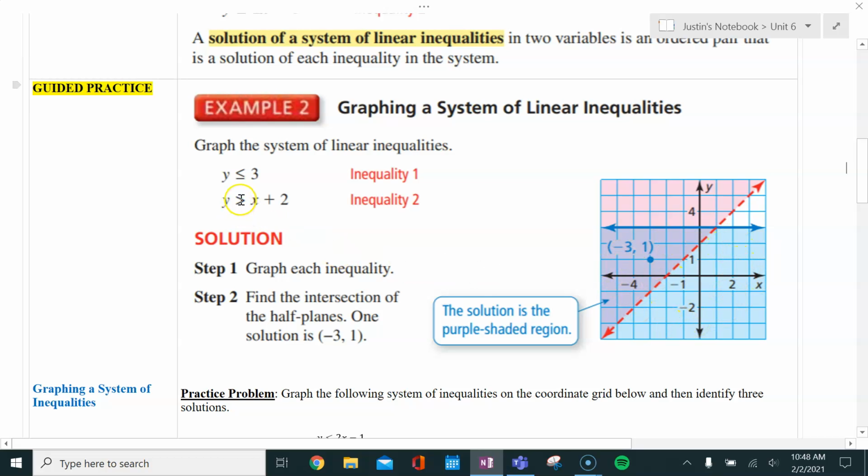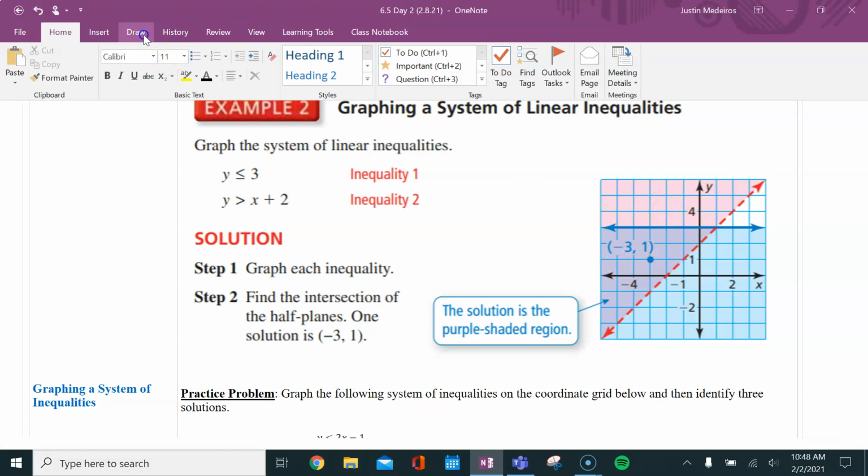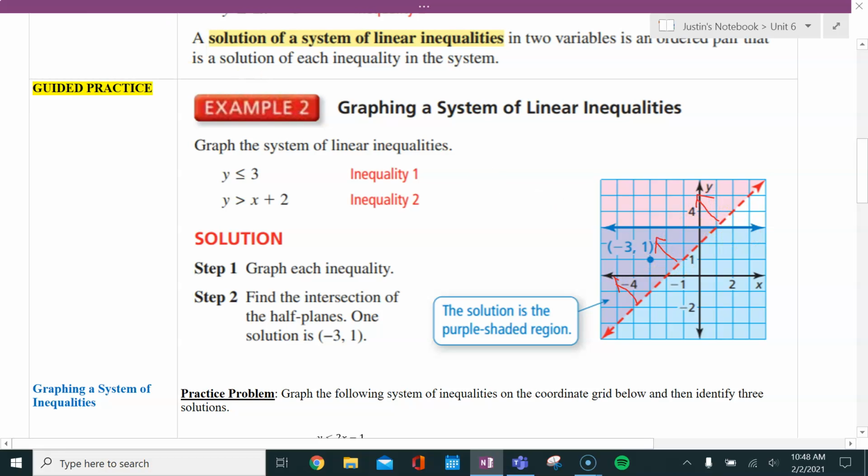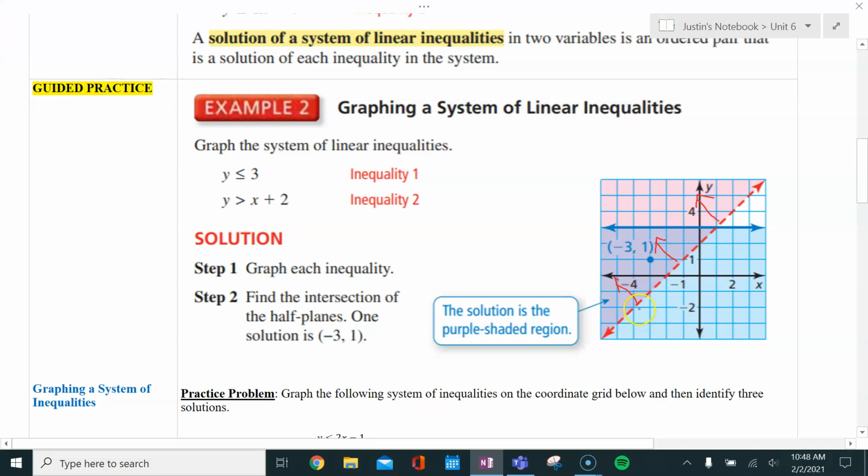And then our second inequality is greater than, which means we're going to shade everywhere above that red dotted line, which is to the left of the line. So we shade up to the left of the line, and the blue would be everything below that line.